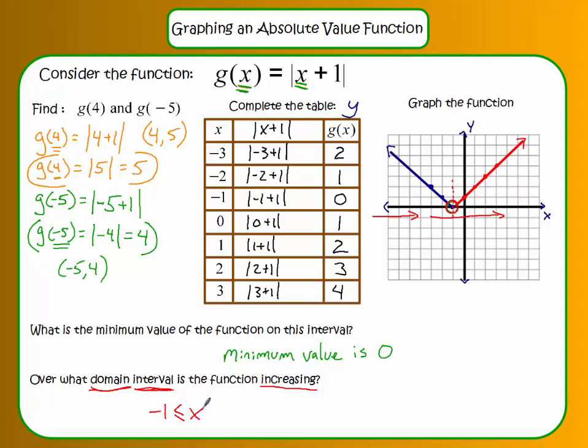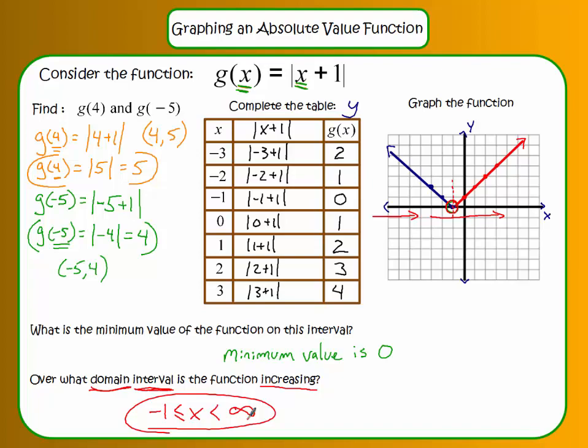X is between these two spots, and infinity. So on this interval, this function is increasing. Okay? The way you look at this, remember, is just x is in between these spots. So everything in between the lowest part and the highest part, going from left to right. So -1 to infinity.